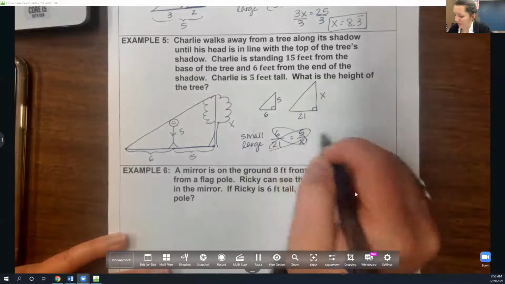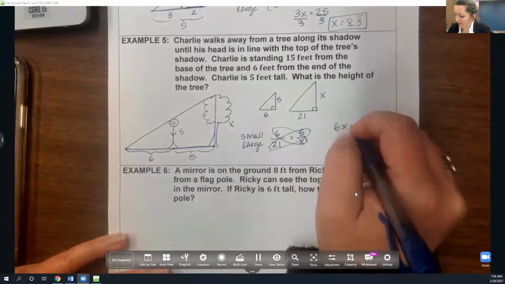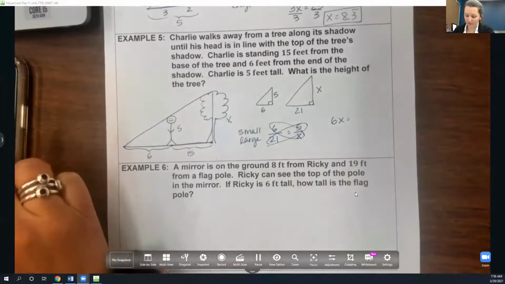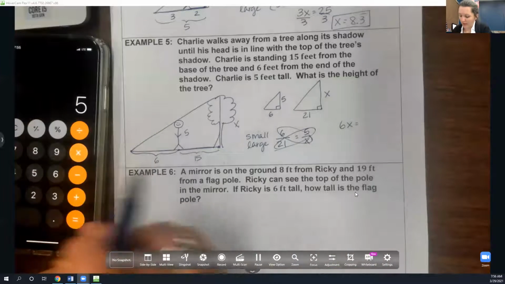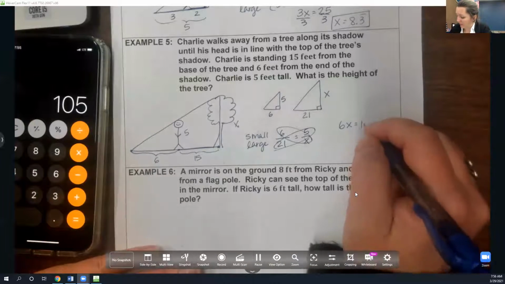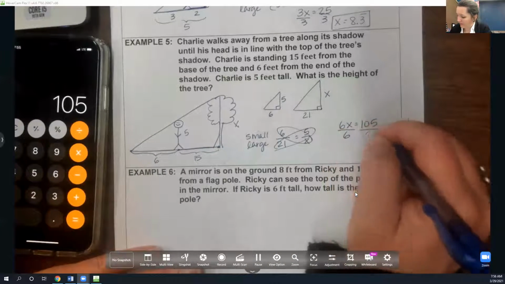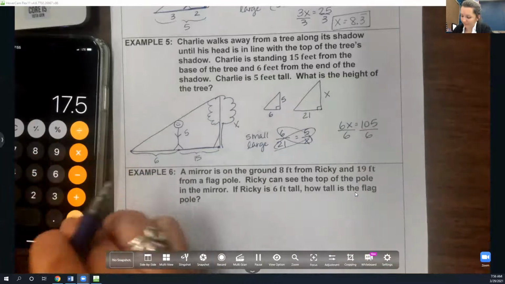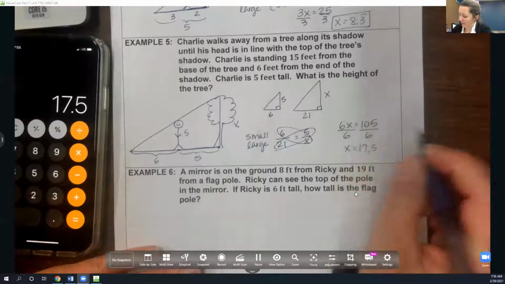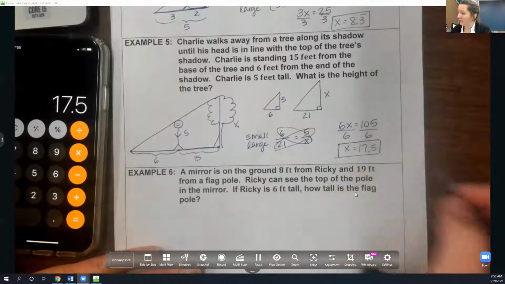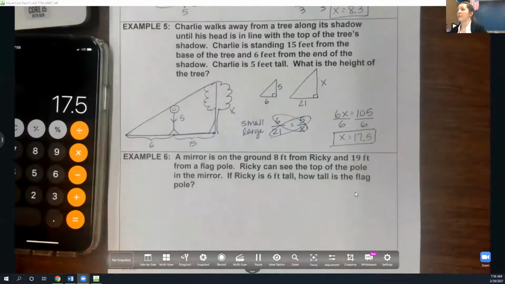We'll cross multiply here. We get 6x equals 21 times 5. And that's 105 divided by 6. So it looks like the tree is 17.5 feet tall. Not too bad. That's a pretty big tree.